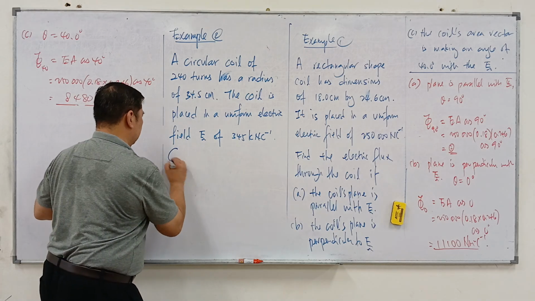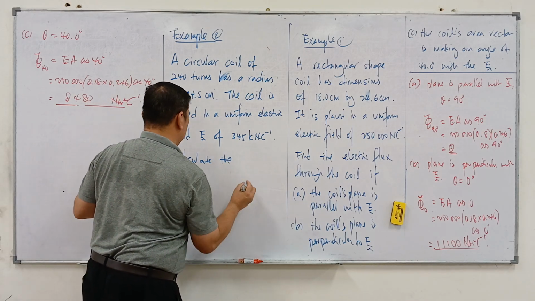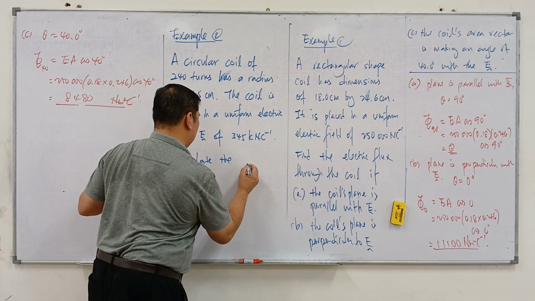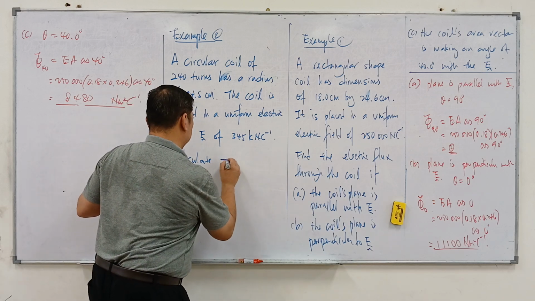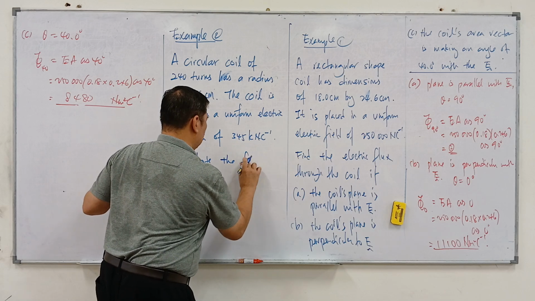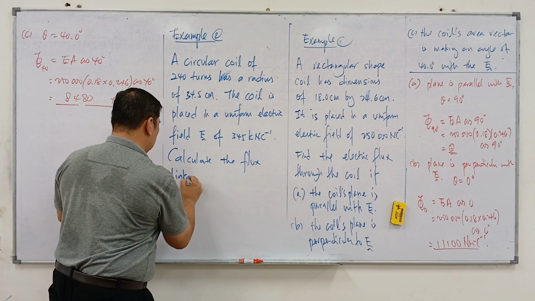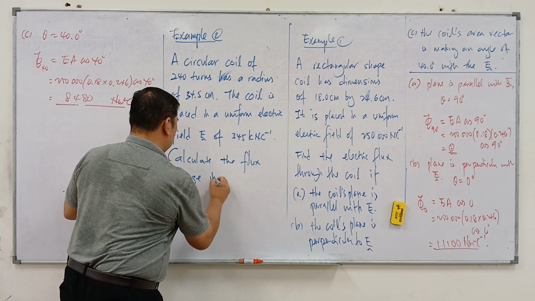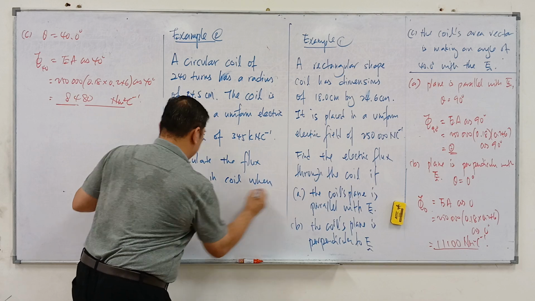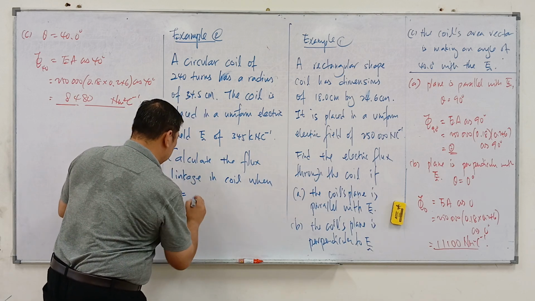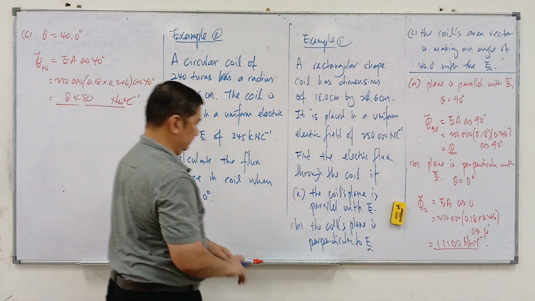Calculate the maximum flux, or calculate the flux linkage in the coil when theta is equal to, let's say, 30.0 degrees.